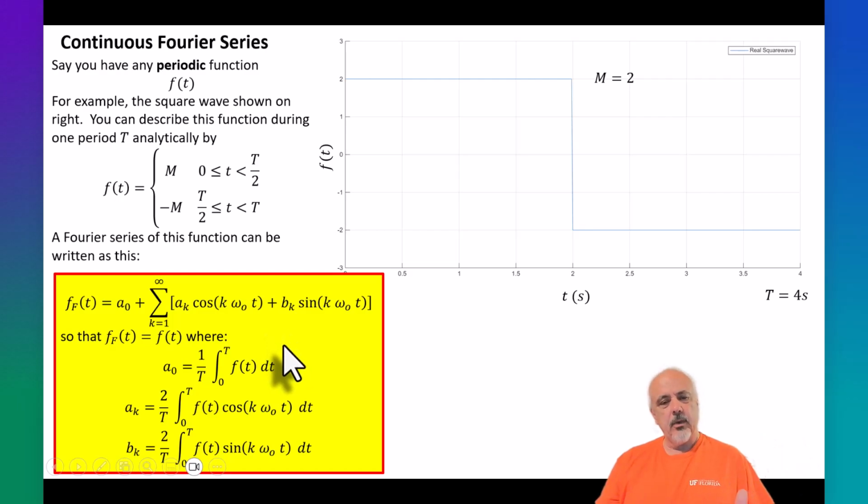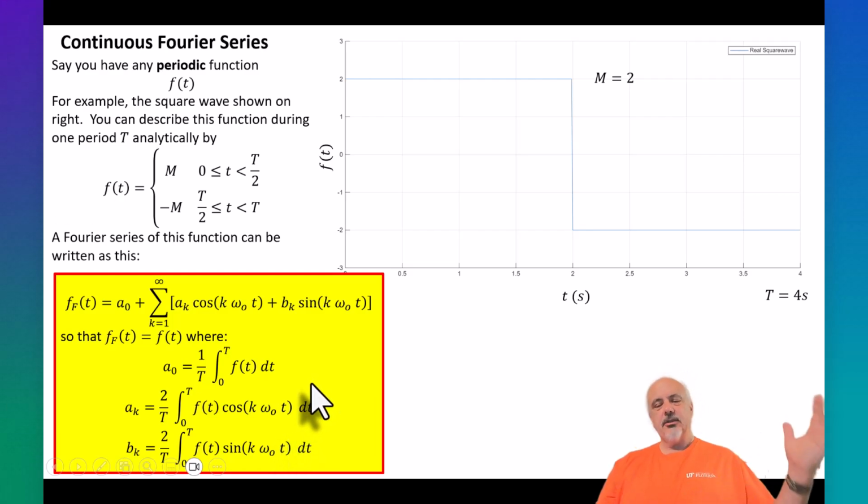And then the way the Fourier series works is that a naught will be 1 over T times the integral of the function over time from 0 to the period T. So it's sort of the average value. And then a sub k is 2 over T times the integral of the function times cosine of k omega naught t, integrated over time from 0 to T. The corresponding b sub k is the same thing, but it's the function times the sine of k omega naught t that's integrated.